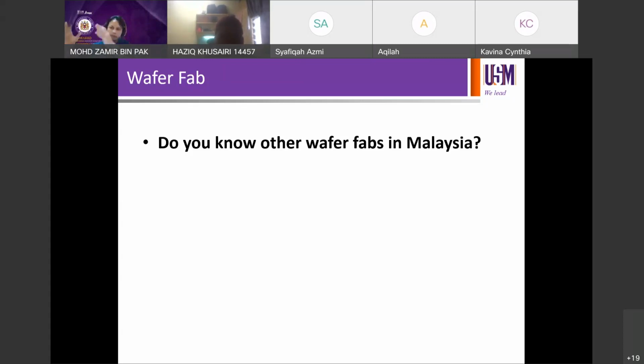And then we call another section the back end, where you dice the chips, you cut the chips. The 8 inch wafer from earlier, you cut it into chips, every single chip. Then you package it, into the package with the legs and so on. Then you put it on a PCB and so on, and it goes into products. So that's the whole value chain. You have front end and then back end.